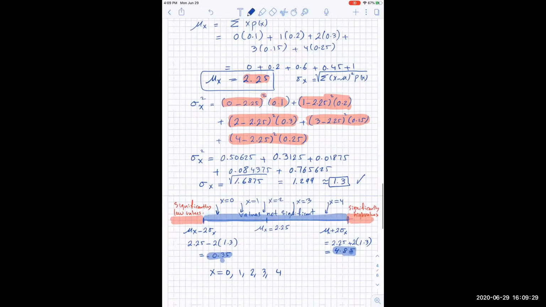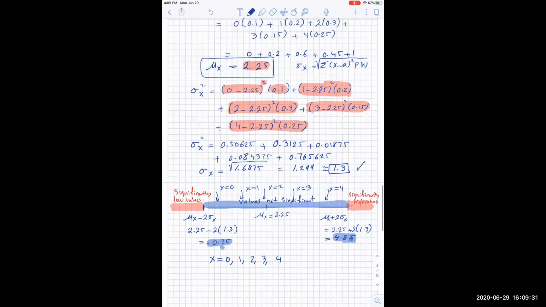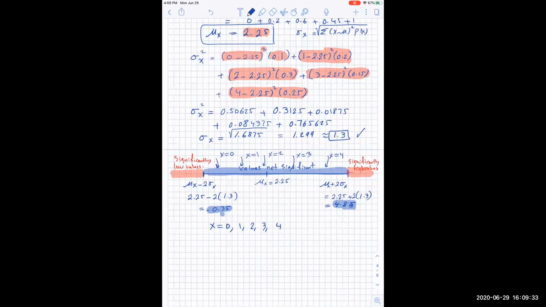These are all considered usual values. So all values of X fall within 2 standard deviations from the mean.